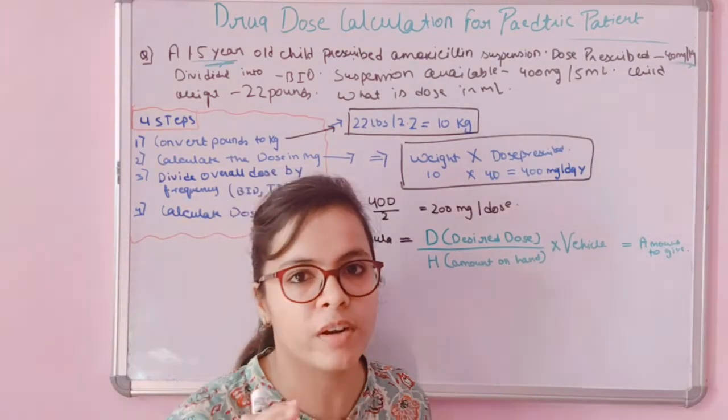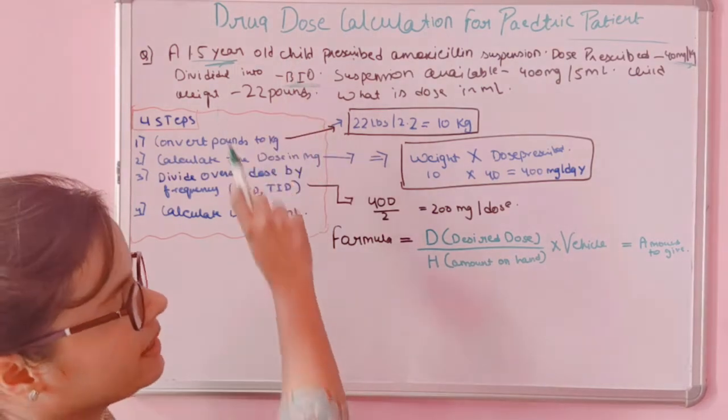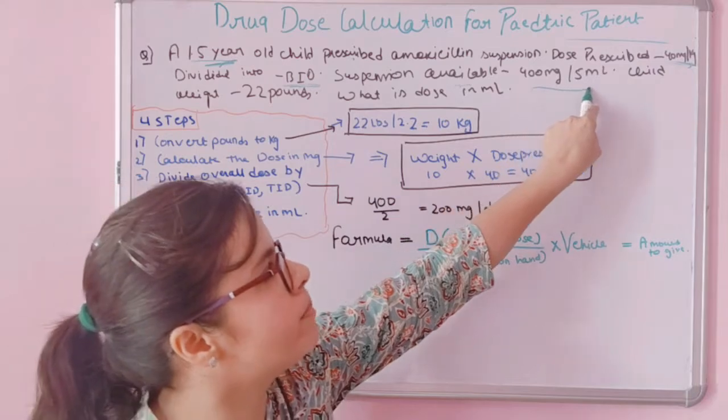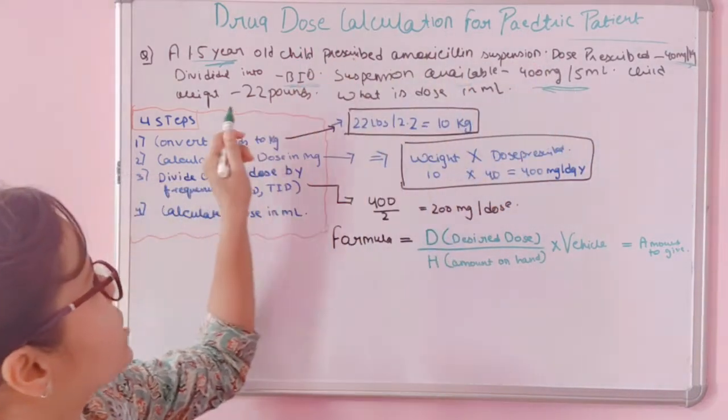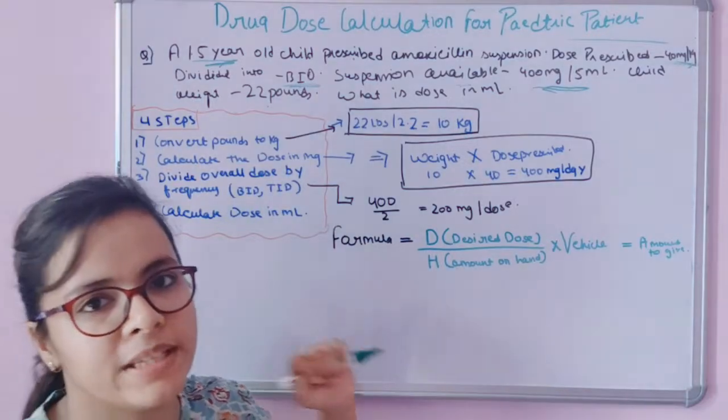As you know, it will be divided into doses, that is BID, twice a day. The suspension available is 40 mg per 5 ml, and the child's weight is 22 pounds. What will be the dose in ml?